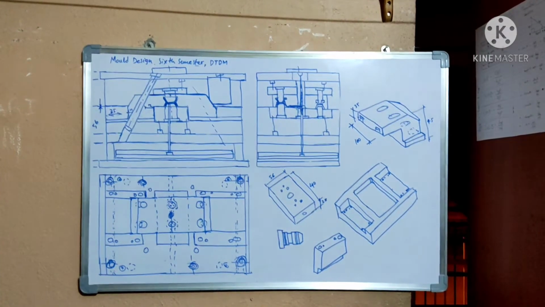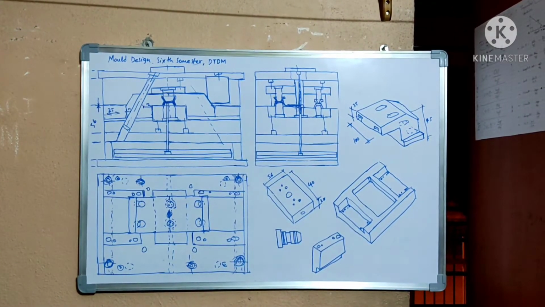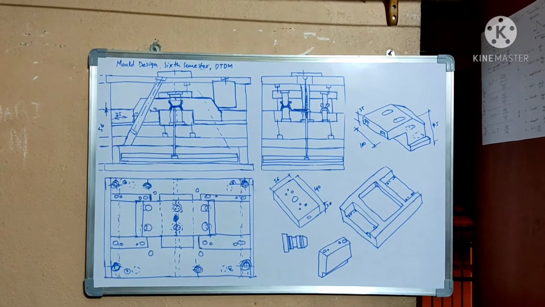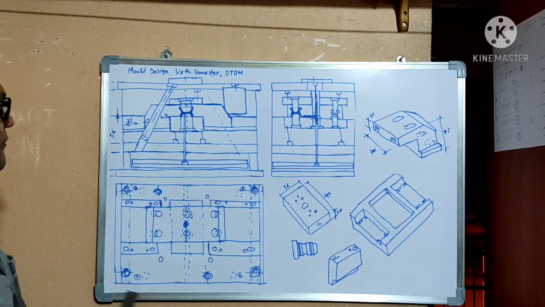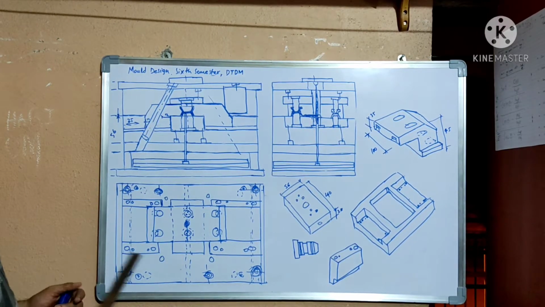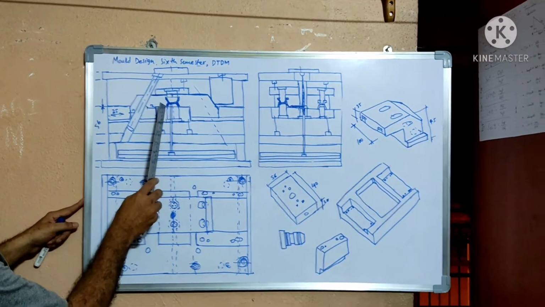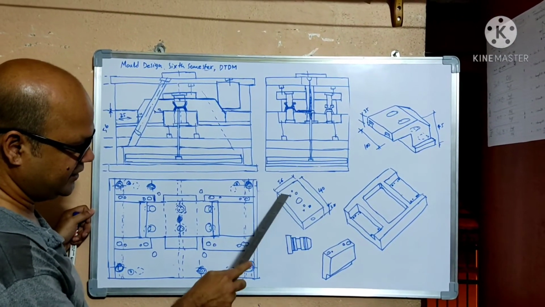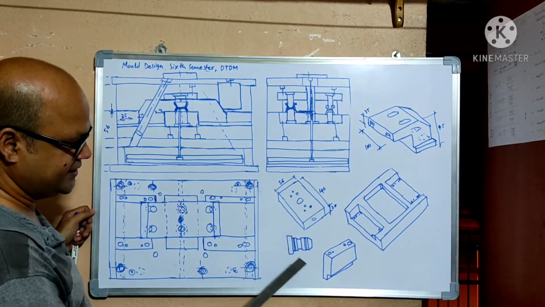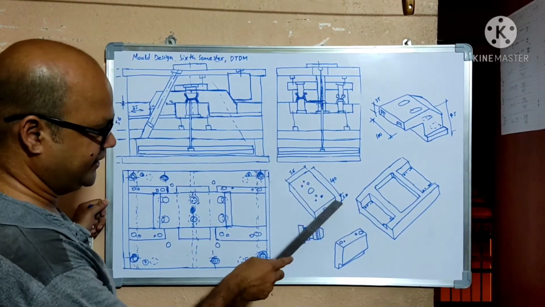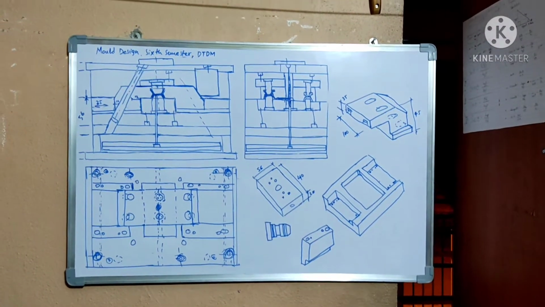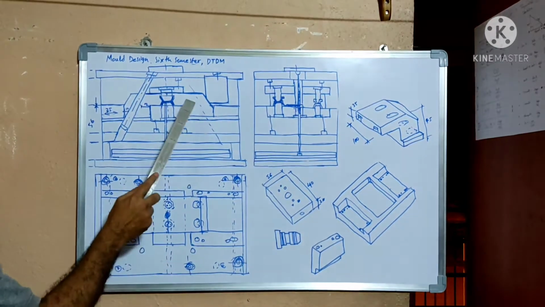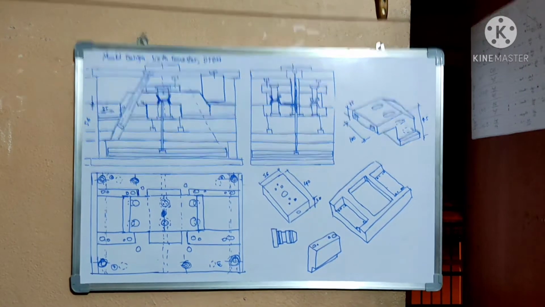The guide dimensions are done regularly while you are using the 1:1 drawing on the drawing sheets, and coming to the dimensions of the component, I have given the dimensions of the core insert also here. The width is 56 mm, thickness is 20 mm, and length of the core insert is 140 mm. Similar dimensions are used for the cavity insert also.